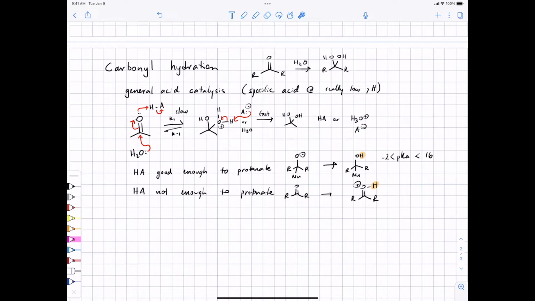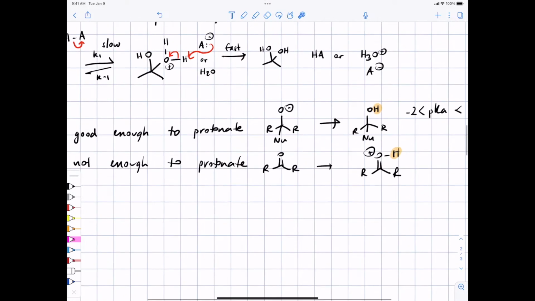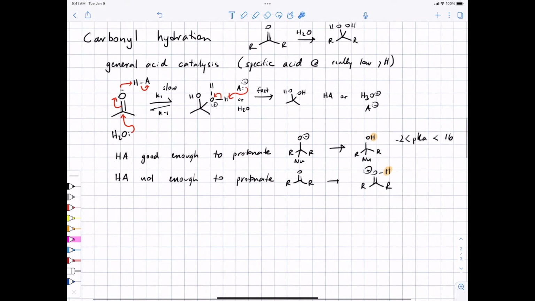Yeah? Is it faster in that second method there, where you show the carbonyl oxygen getting protonated before the nucleophilic attack, or is it not really that? You mean here? Yeah. Would that be faster? Not necessarily, because the idea here is your acid is strong enough.